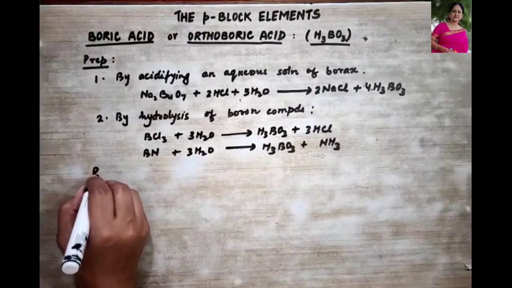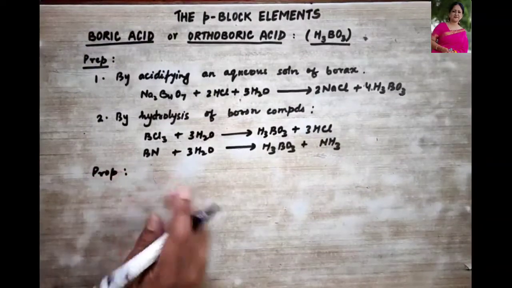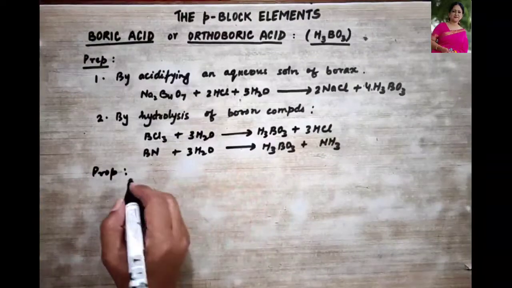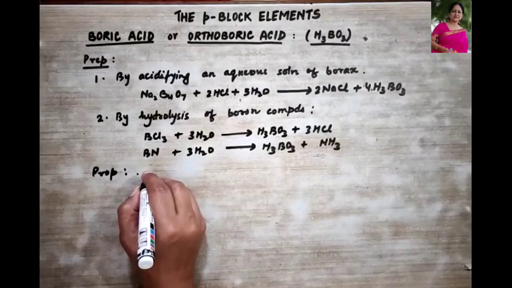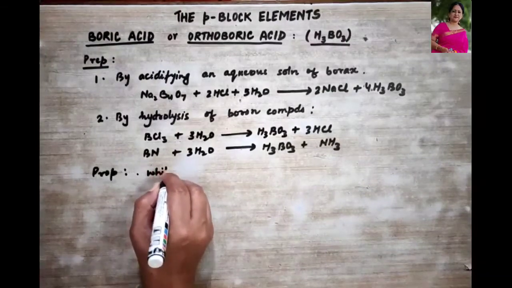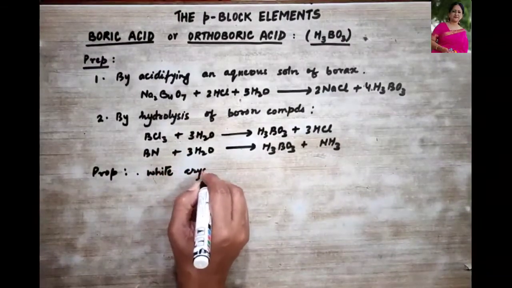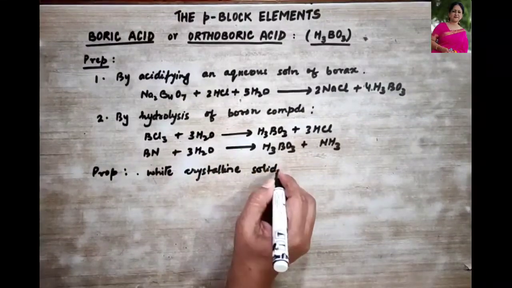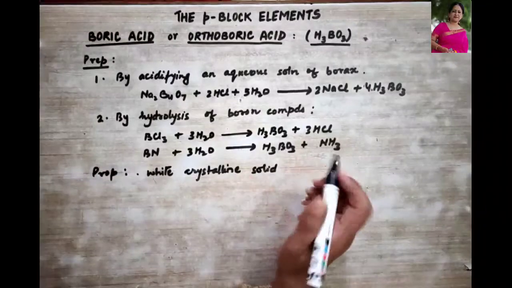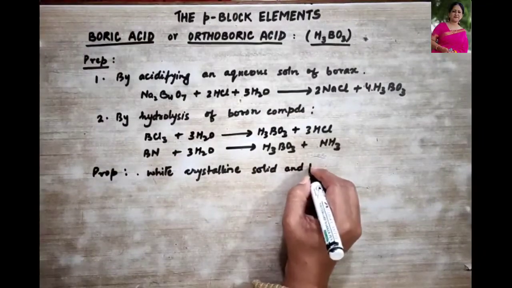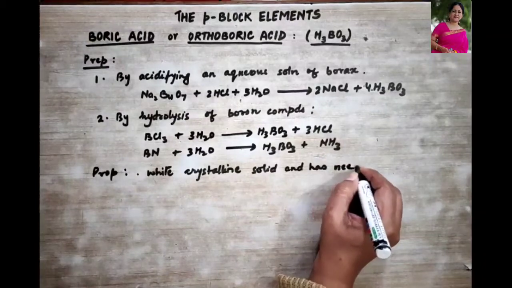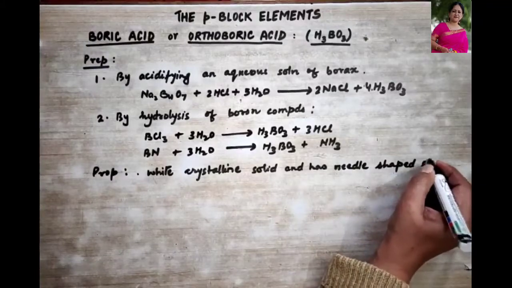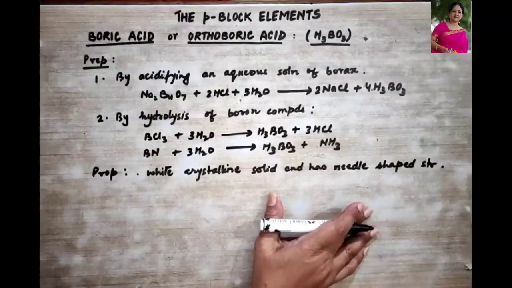Now let us talk about their properties. Boric acid is a white crystalline solid, and it has a needle shaped structure. First point is clear.